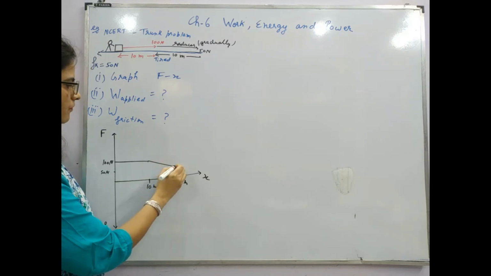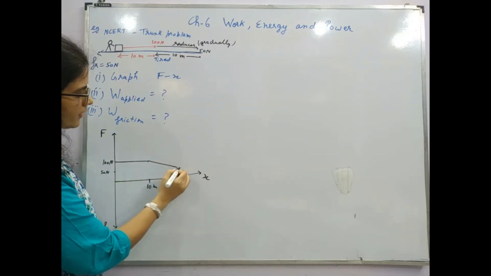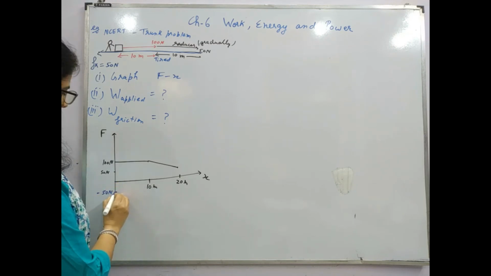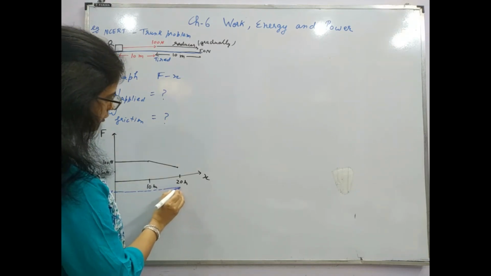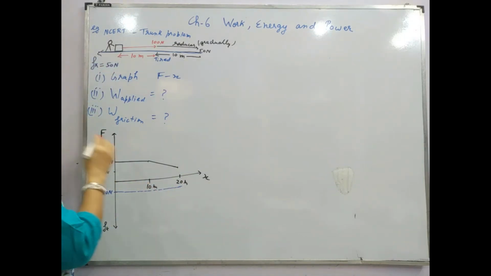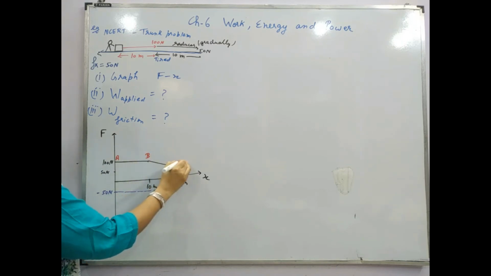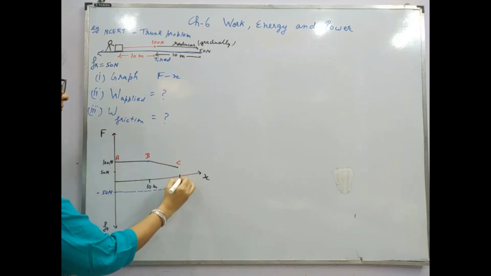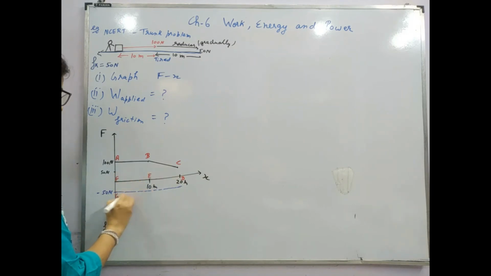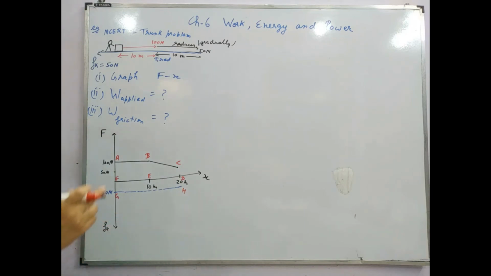So this will be 50 Newton when it reaches 20 meters. But the friction force is constant throughout the journey, which is 50 Newton, but in opposite direction. So I have taken here minus 50. So if I plot the friction force for the whole journey, it will be like this only. If I mark different points of this graph, this will be A, this is B, this is C, right? D, E, F. And let's mark this G, H. So this first part is done.